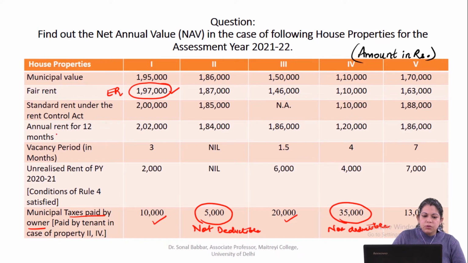Then we compare it with actual rent, which is annual rent minus unrealized rent. So actual rent will be 2 lakh rupees. ER or AR, whichever is more, is taken. So 2 lakh is taken, and we subtract the loss due to vacancy.